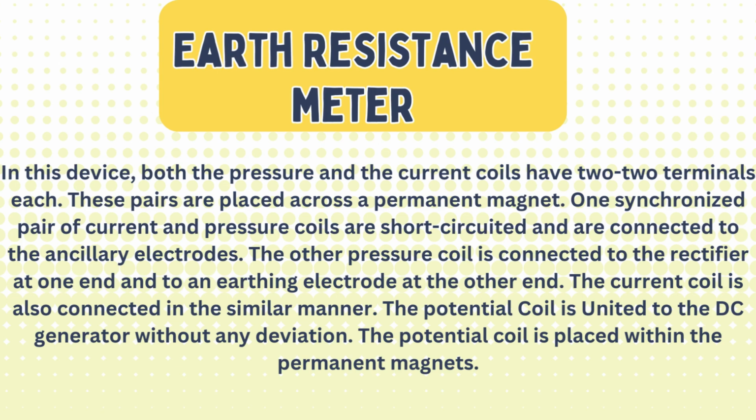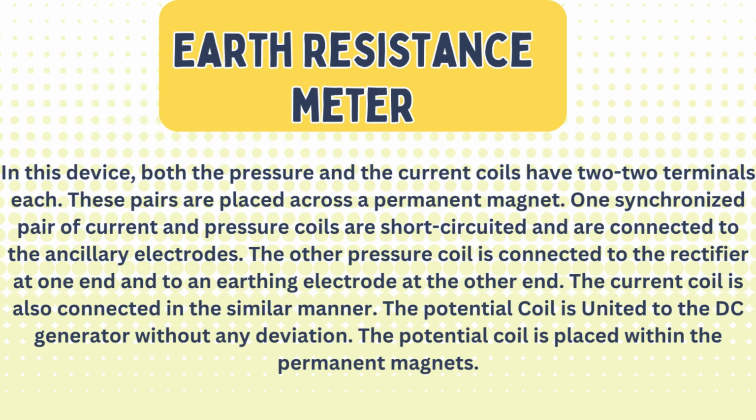One synchronized pair of current and pressure coils are short-circuited and are connected to the ancillary electrodes. The other pressure coil is connected to the rectifier at one end and to an earthing electrode at the other end. The current coil is also connected in a similar manner.